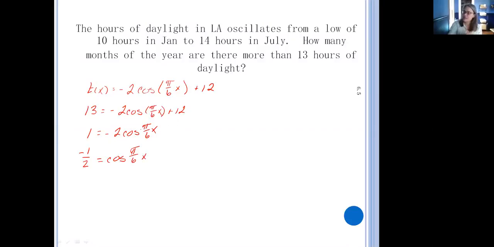Okay, which angles have cosine of -1/2? 120 is one of them. Oh wait, what's my problem here? Well, I gave you the answer in degrees. I need it in radians.